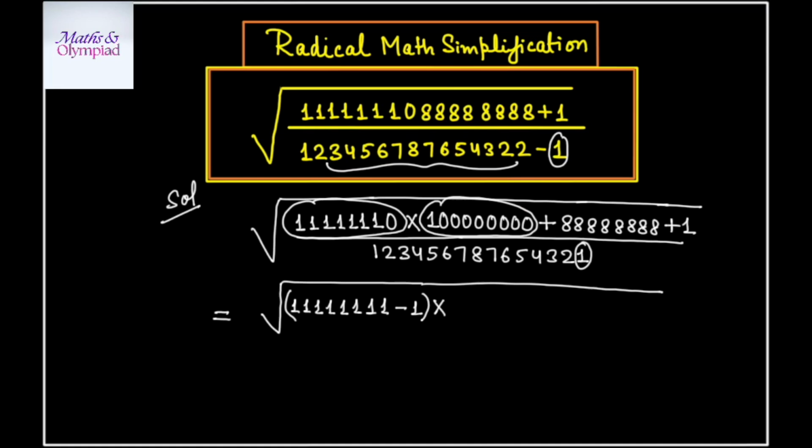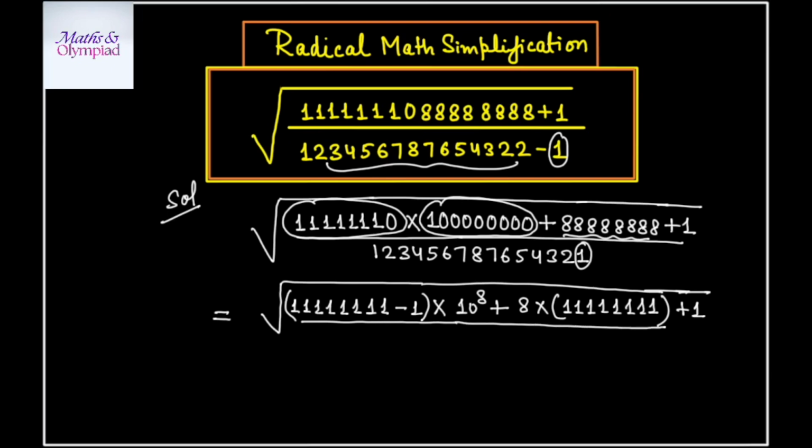I can write it as 10 raised to power 8 plus, I will take 8 common from this number, 12345678 plus 1. I will write the denominator as it is, 12345678 7654321.